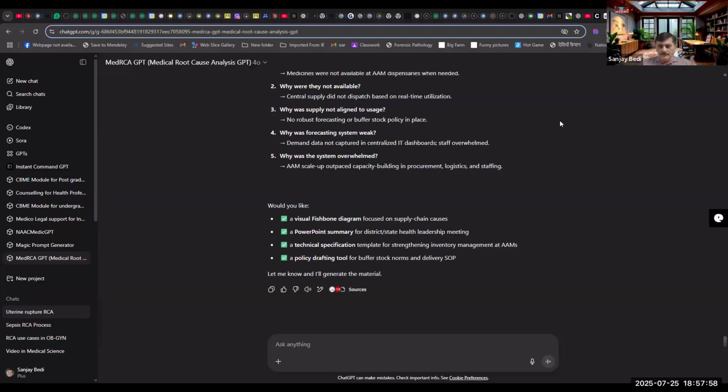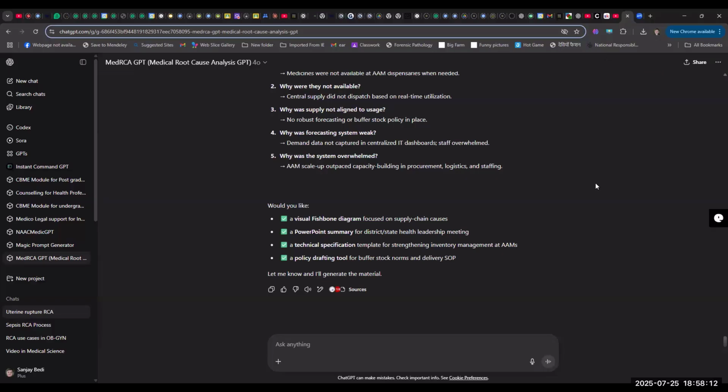Once this large language model is trained, then you can share it, but it will keep on improving over a period of time. The prompts are there in the background, but if there are some things which need to be added, we will keep on adding.